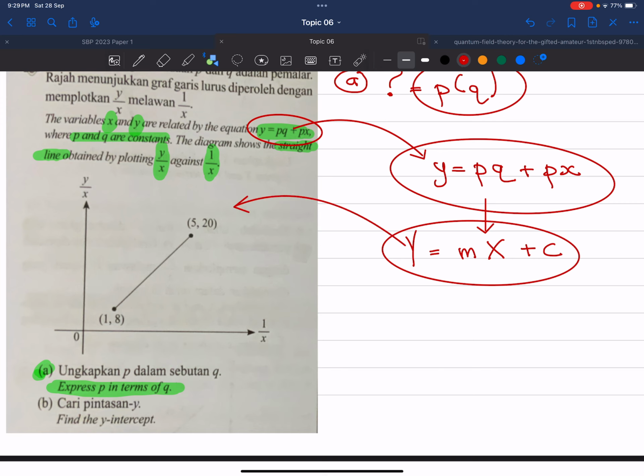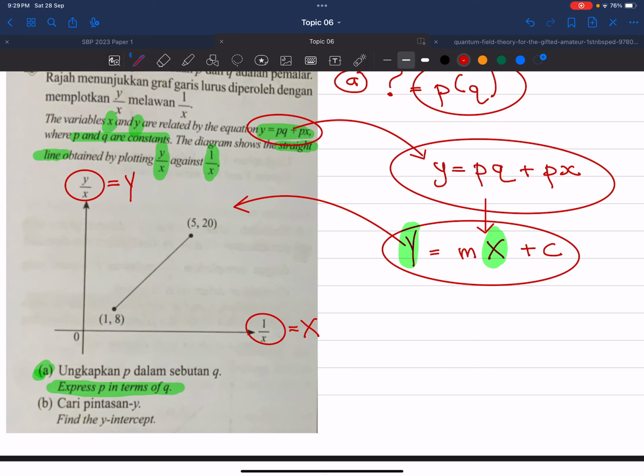The capital Y is y over x. We must complete the diagram. This is the capital Y, and on the x-axis, 1 over x is the capital X.